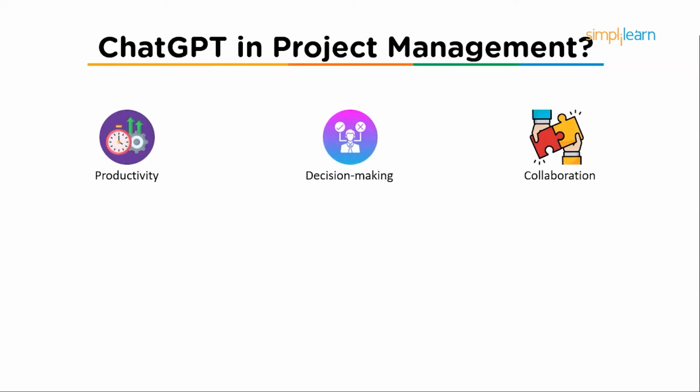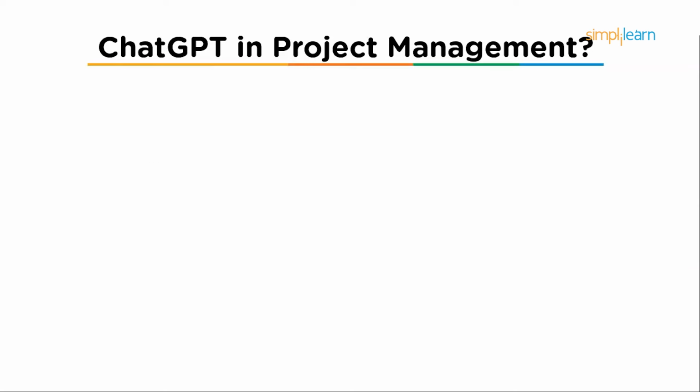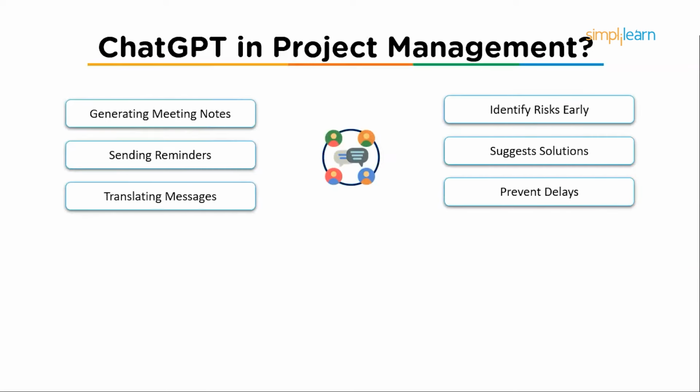Here's how. ChatGPT makes project management easier by breaking tasks into smaller steps, setting realistic deadlines, and organizing work using Gantt charts for better tracking. It improves team communication by generating meeting notes, sending reminders, and translating messages for global collaboration.